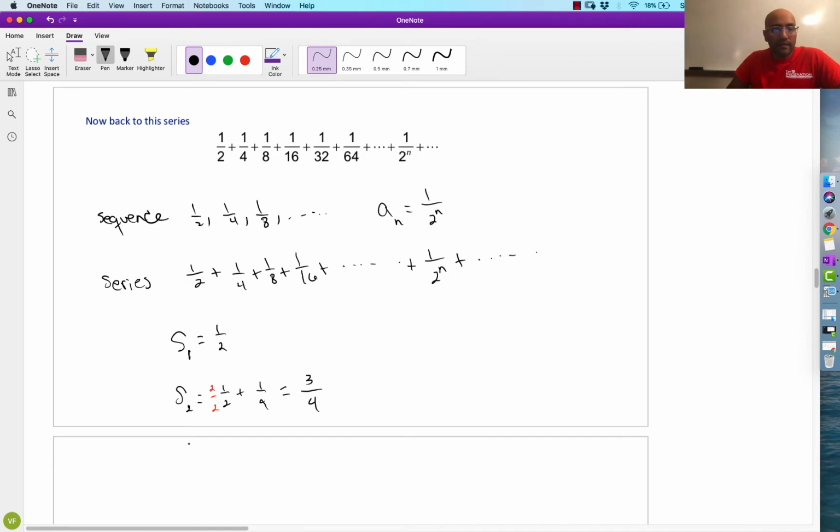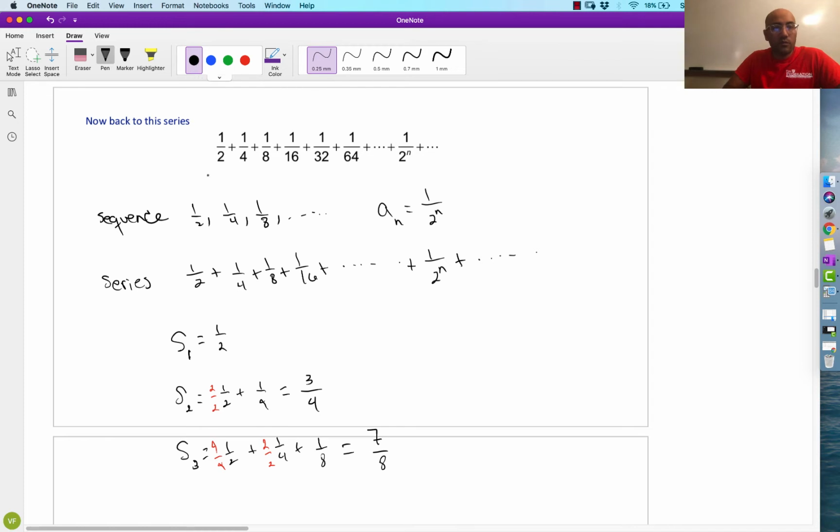Okay, and then s sub 3, that's going to be 1/2 plus 1/4 plus 1/8. Common denominator in this case is 8, so let's put a 2/2 there and a 4/4 there, which gives me 4 plus 2 makes it 6, 7/8. Okay, all right, we start to see a pattern.